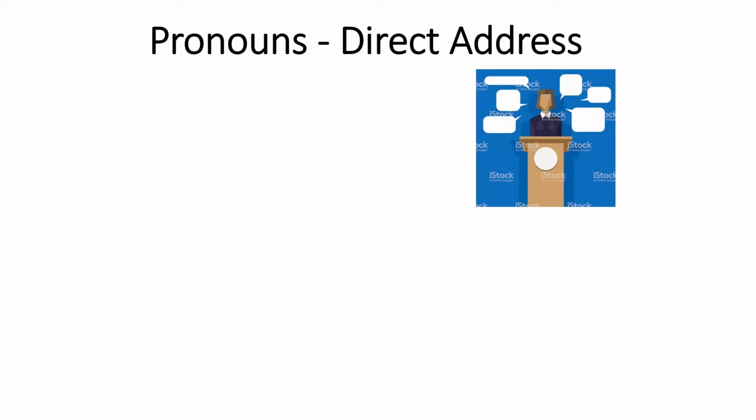Now remember, when you're writing persuasively, you've got to make sure that whatever topic you're writing about is really compelling, really convincing, really persuasive, because you want to persuade your reader or convince your reader of your point of view. A persuasive piece of writing is biased.